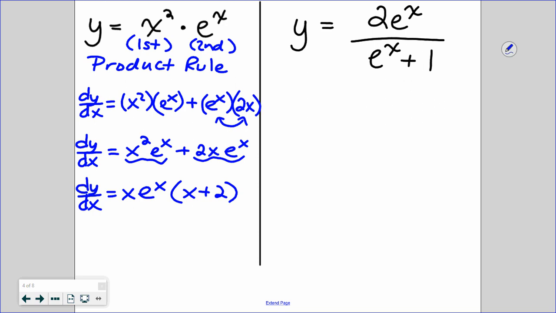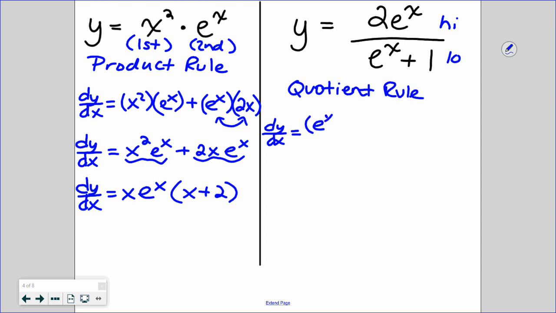Okay, next example, we've got 2 e to the x divided by e to the x plus 1. This derivative would require quotient rule. Remember, we're just going to think of this as the high function and the low function. So dy/dx would equal low, which is e to the x plus 1, d high, which is the derivative of the numerator, but that derivative doesn't change anything.